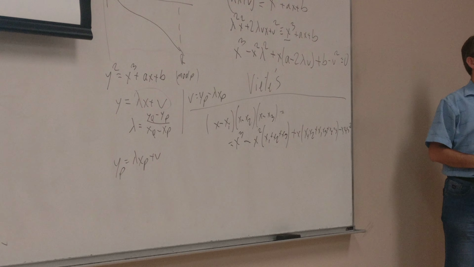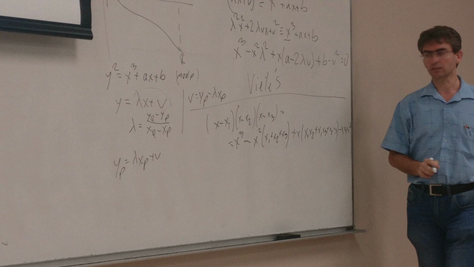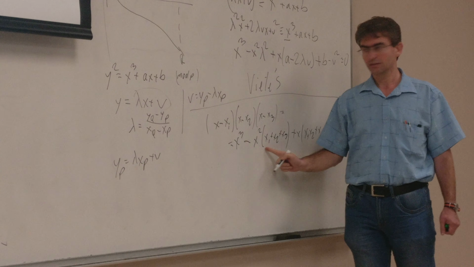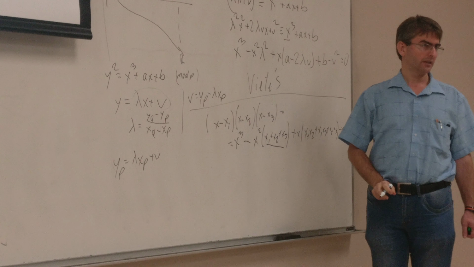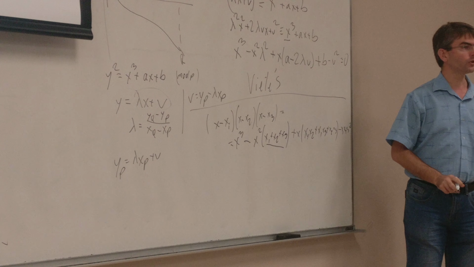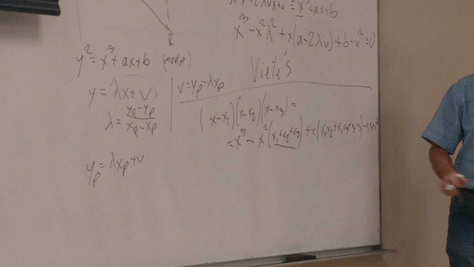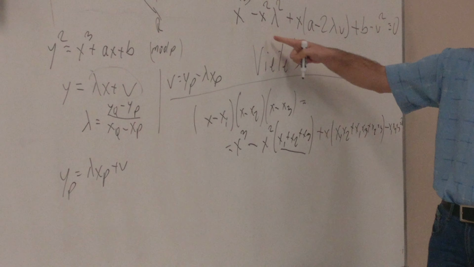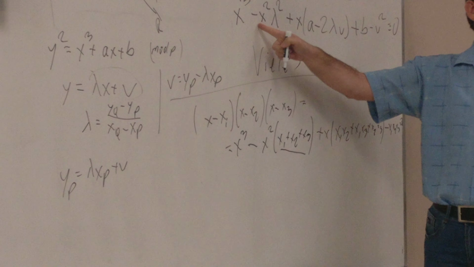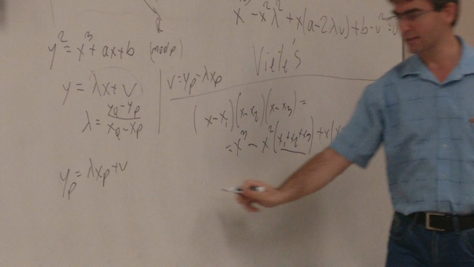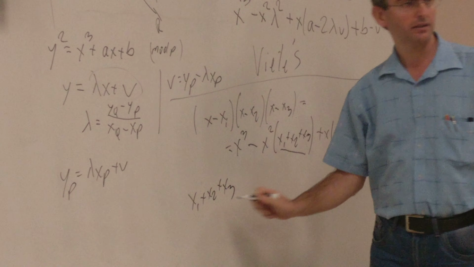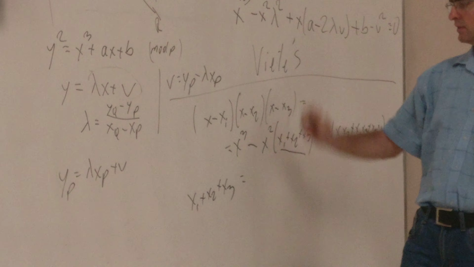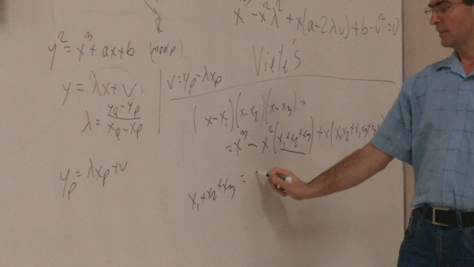So Viète's equation for degree 3 tells you that the sum of the three roots of your monic polynomial of degree 3 is guaranteed to be equal to minus the coefficient of x squared. Otherwise said, x1 plus x2 plus x3 will be equal to lambda squared.